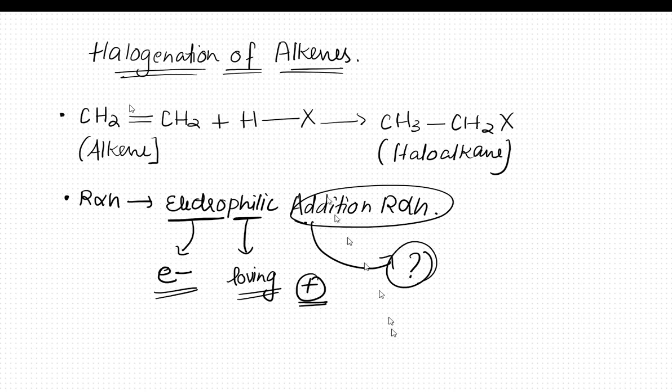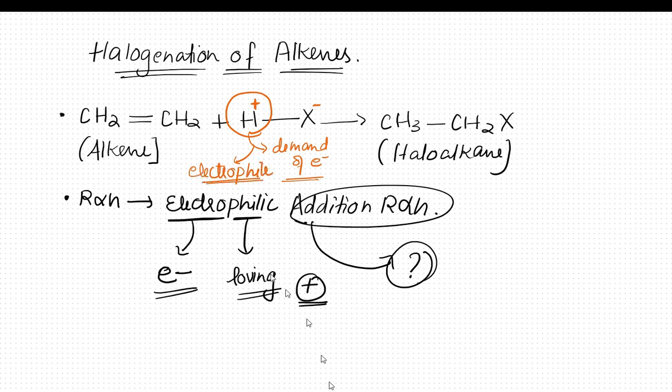First of all, let's consider this hydrogen halide. If the hydrogen halide bond breaks, hydrogen will get a positive charge and halogen will get a negative charge. Since hydrogen gets a positive charge, it is having a demand of electrons, since it just lost its electrons to the halogen atom. It wants electrons, and that is why it is going to act as an electrophile.